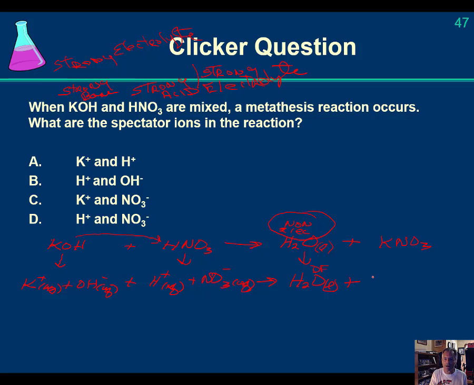On the other hand, potassium ion and nitrate are just hanging out, watching the chemistry, spectating, and they're ions. So nitrate, which is always a spectator, and an alkali metal cation like potassium is always a spectator. So we can answer the question right now. The answer is C. Potassium and nitrate are our spectator ions.